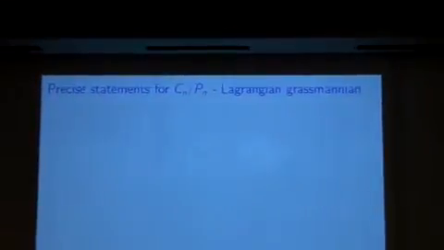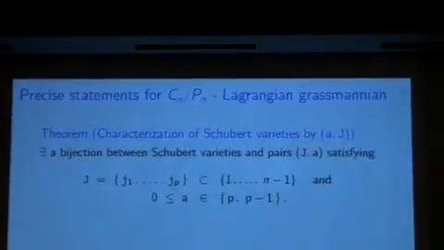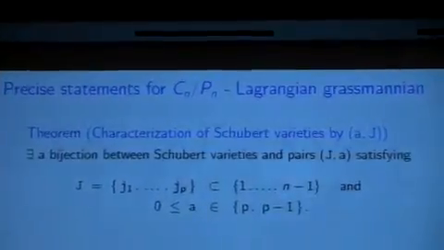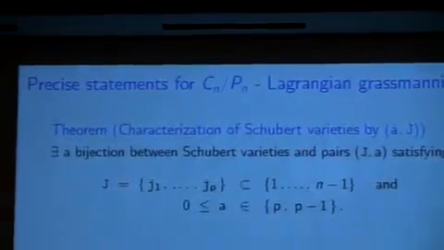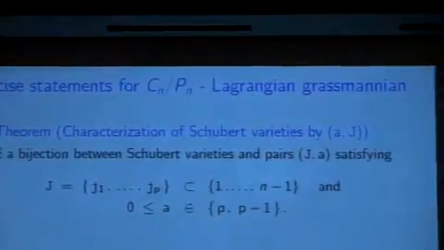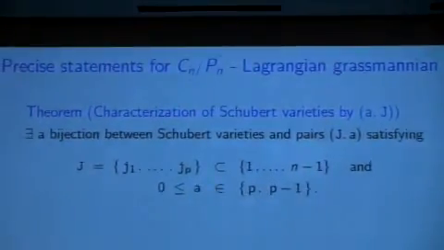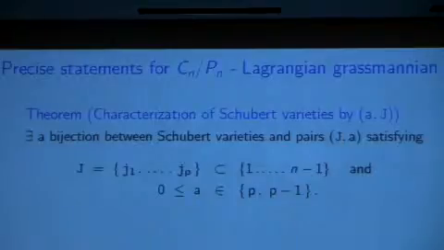Okay, so an example of what the precise statements for our results look like in the case of the Lagrangian Grassmannian are the following. So first, to characterize the Schubert varieties, you can take any subset of those nodes that are left over once you mark the last node.